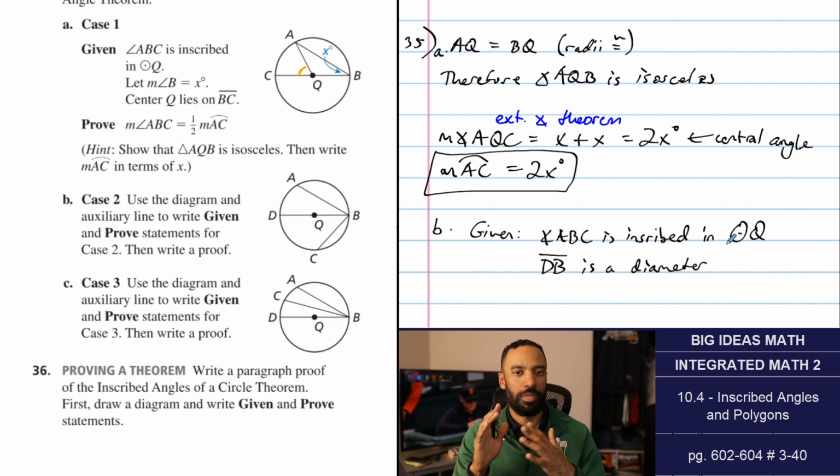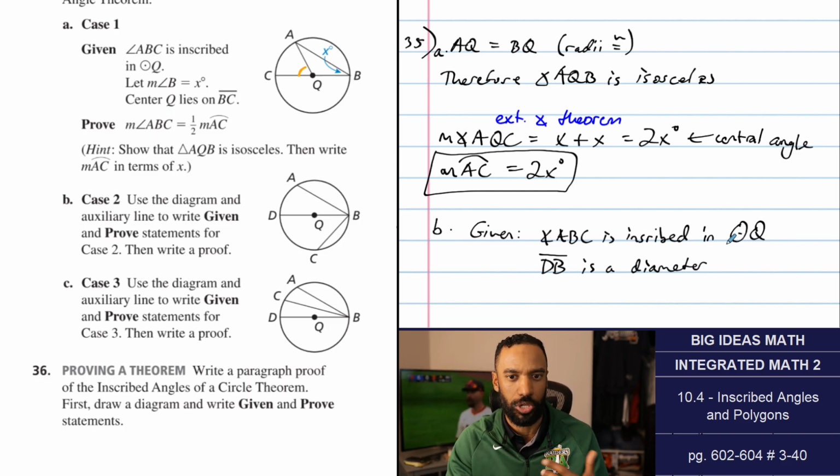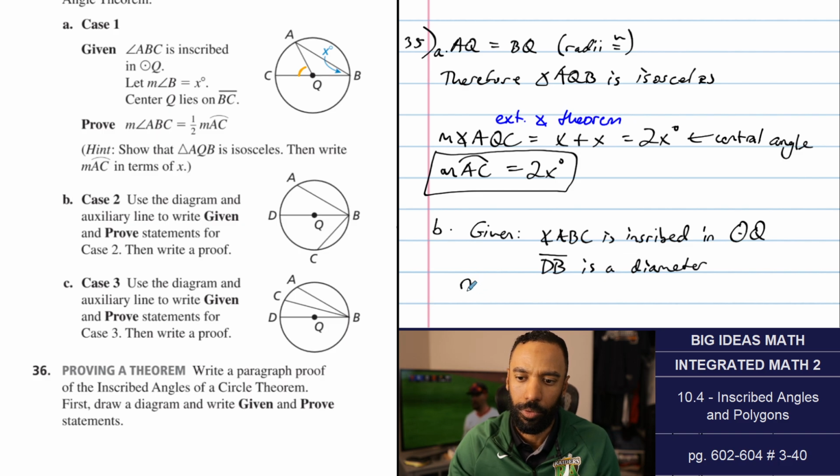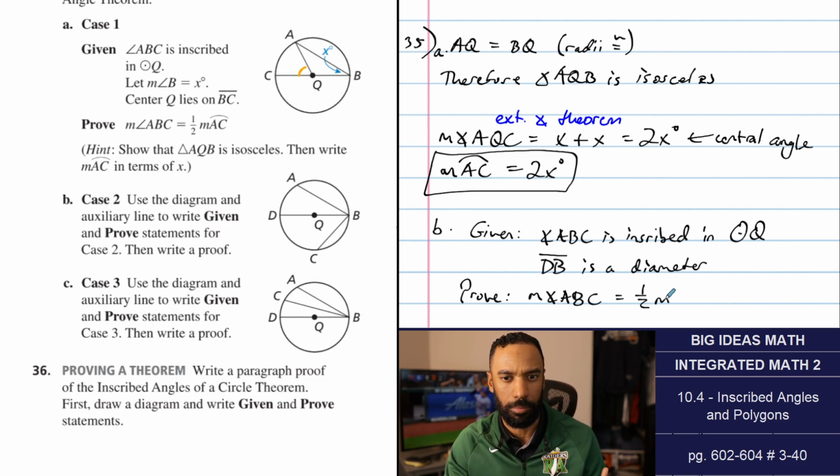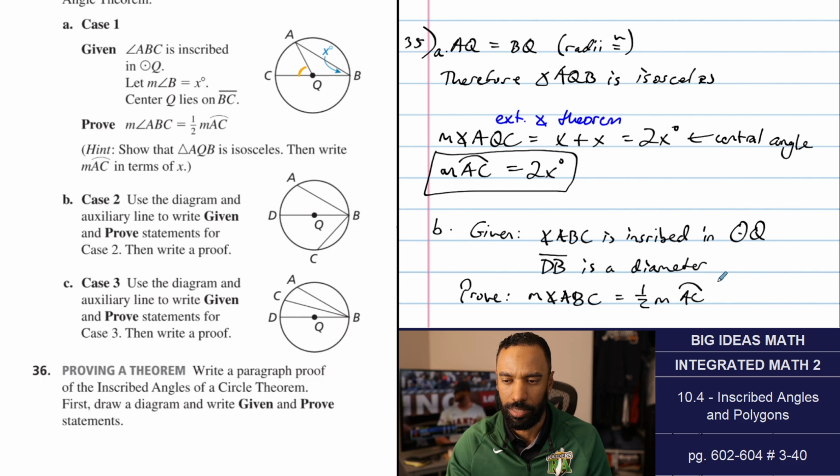So we want to prove that the measure of one thing is half the measure of the arc, right? So we want to prove the measure of angle ABC is half that of the measure of that intercepted arc we were talking about before, so that's measure of arc AC there.